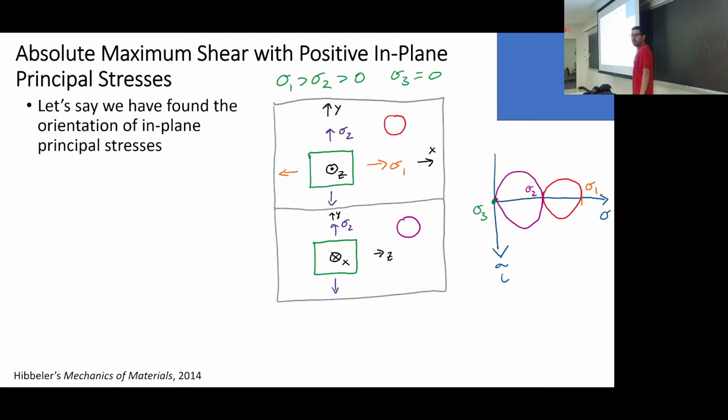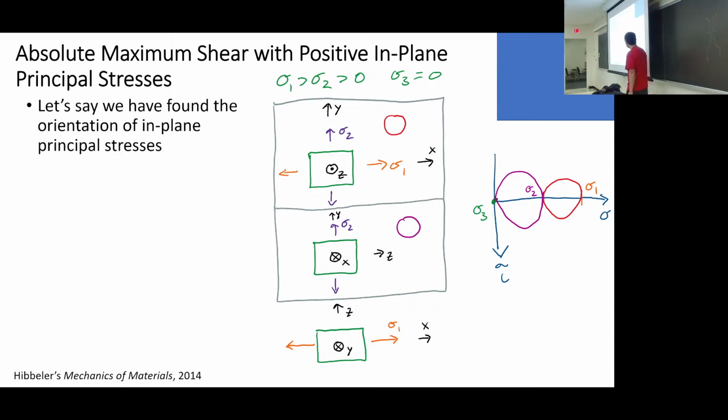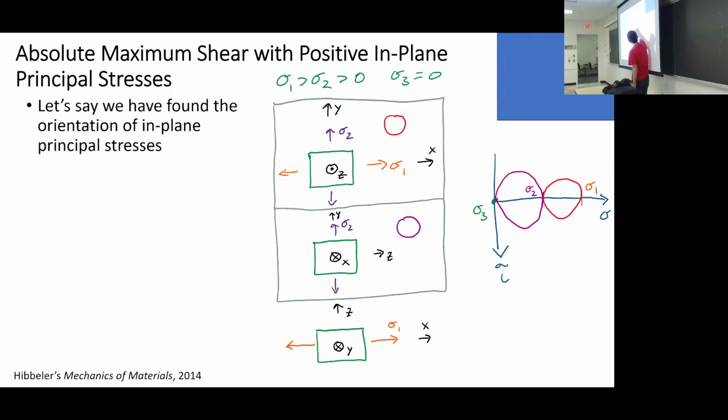And you know where this is going. We're going to now look at another state of stress, where we take the first state that we had and rotate it so that sigma 2 now goes into the plane, or into the board.